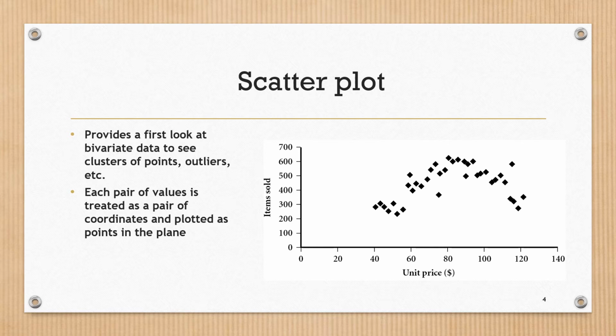It provides a first look at bivariate data to see clusters of points or outliers, etc. To construct a scatter plot, each pair of values is treated as a pair of coordinates and plotted as points in the plane.